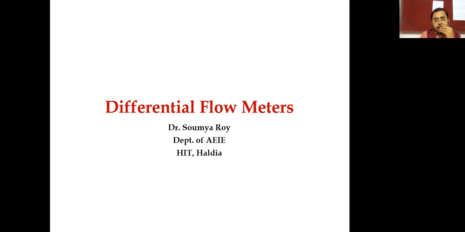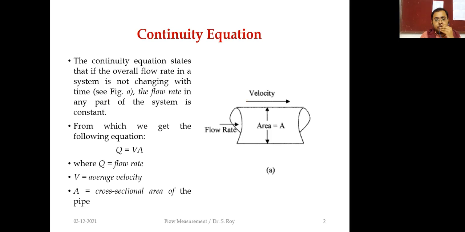Before that, we first have to know the continuity equation. The continuity equation says that the overall flow rate of a system is constant throughout that system.